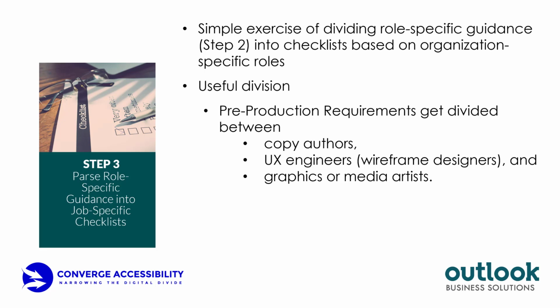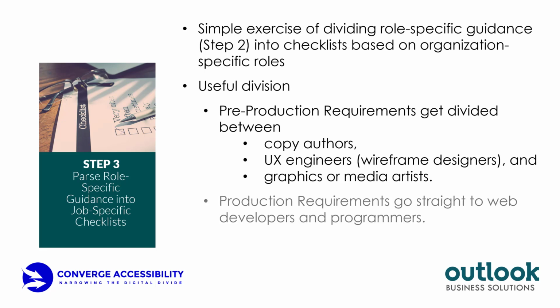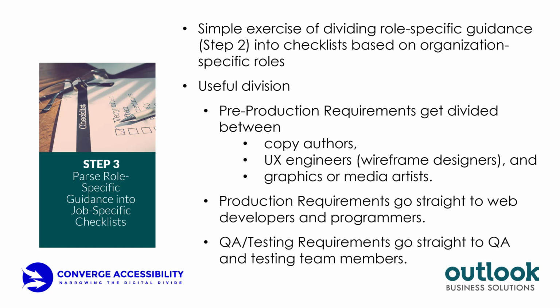One for copy authors, another for UX designers, and a third one for graphic artists and media creators. Next, the production requirements go straight to a role-based guide for the web developers. And lastly, the QA and testing requirements go straight to a role-based guide for the QA and testing team members.